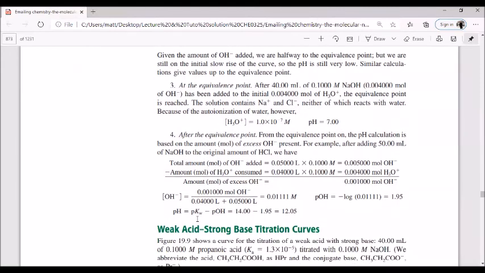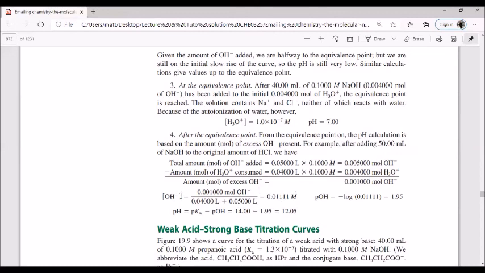This is the excess hydroxide ion present in the solution. We need the pH at the end, so we first calculate the concentration of the hydroxide ion, then later the pOH. The excess is 0.001 mole divided by the total volume, 40 plus 50 ml, so 0.09 liter. So you get the concentration of hydroxide ion as 0.0111 molar.